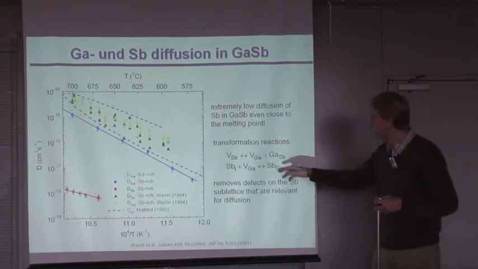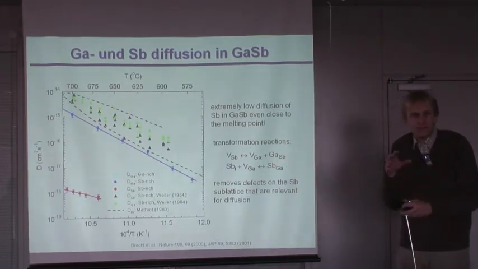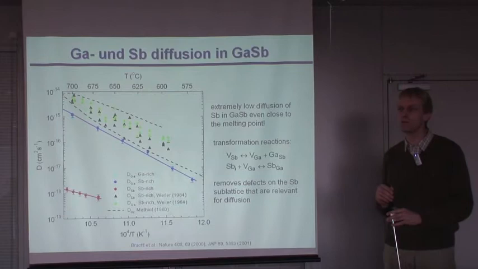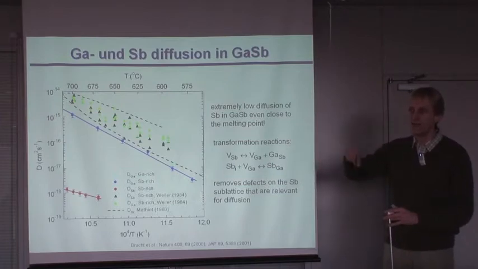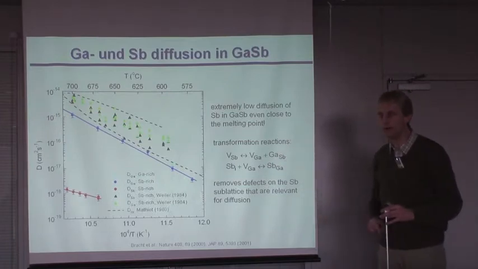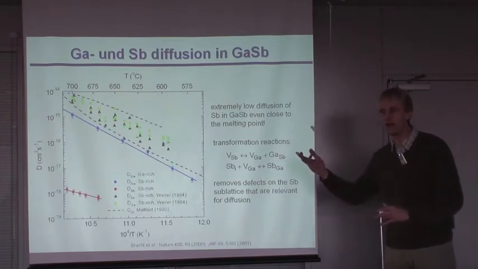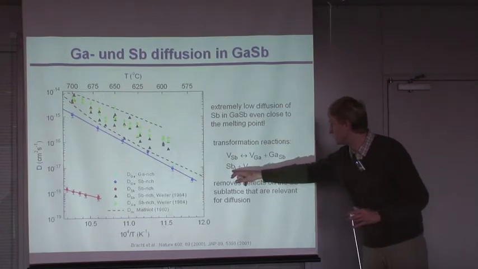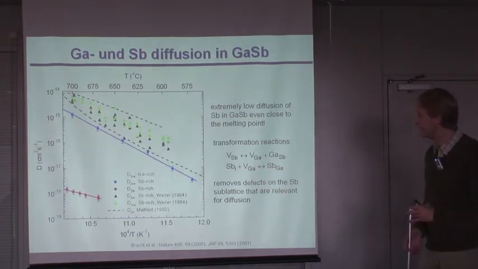So maybe if the antimony sublattice tends to create a vacancy, then you are surrounded by 4 galliums, and the system feels, oh, it's much more convenient that a gallium jumps into the antimony vacancy, thereby creating a gallium antisite and leaving behind a gallium vacancy. That's much more favorable.